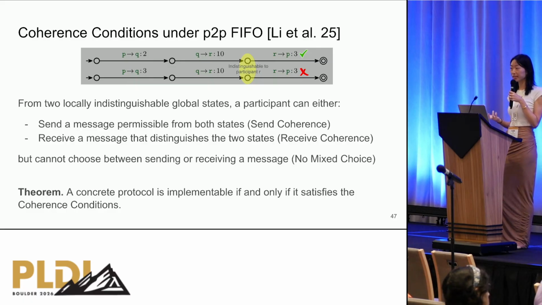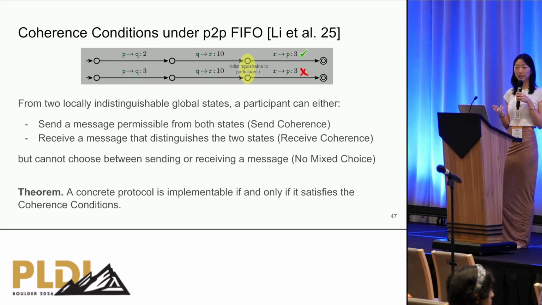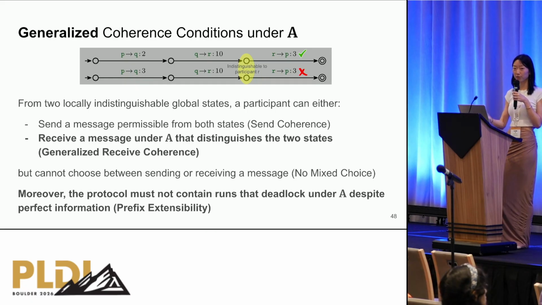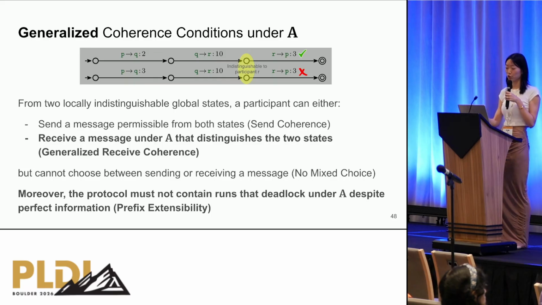It is allowed to receive a message that will help it to uniquely distinguish the two states, but it is not allowed to choose between sending or receiving a message if it doesn't know which of the two states it's on. So this was proven to be an equivalent characterization of implementability, and we generalize these conditions in two ways.